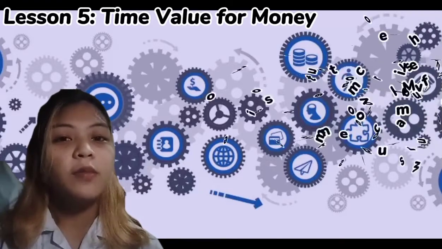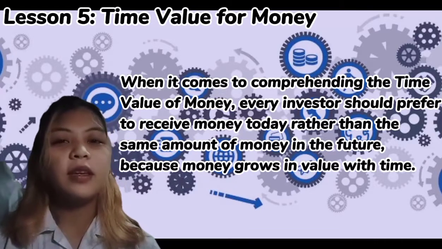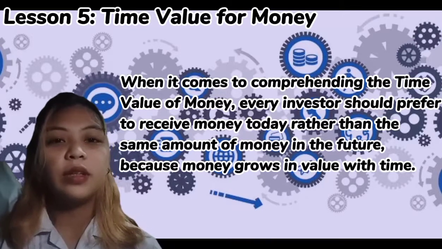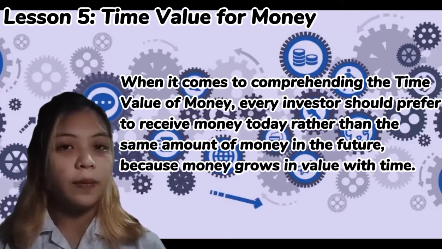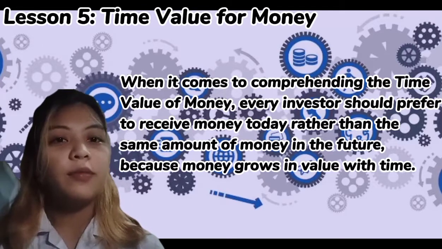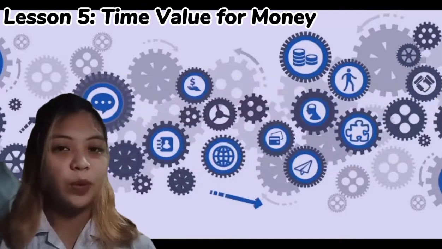And when it comes to understanding the time value of money, it is the benefit of the present investment that is greater than the future value that will be received later on. It has the same importance as the discounted present value of money, where you can invest and receive interest in the future.